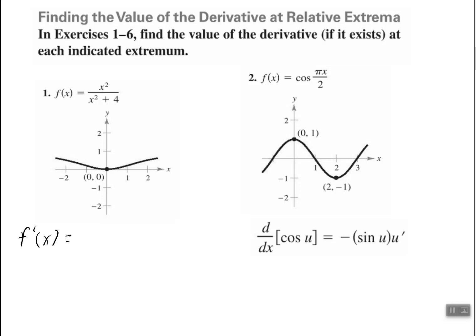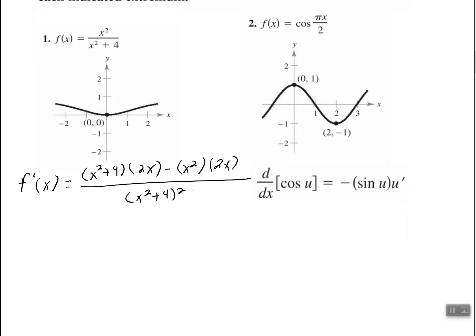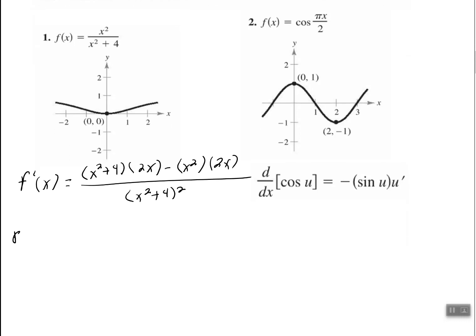So using our quotient rule, low d high minus high d low over low low: x squared plus 4 times the derivative of the numerator, 2x, minus x squared times the derivative of our denominator, which is 2x, all over our denominator squared. Right, and then let's simplify.